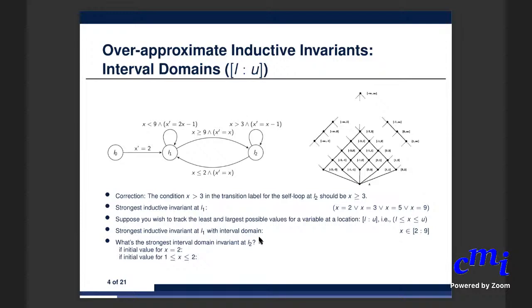Nabin, okay. Yep. Yeah, I want to know what the strongest thing is that you could say in the interval domain, strongest inductive invariant at L2, if I allow the initial value to be anything between 1 and 2.